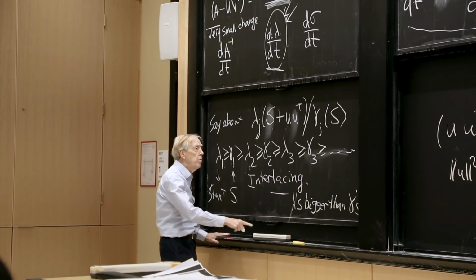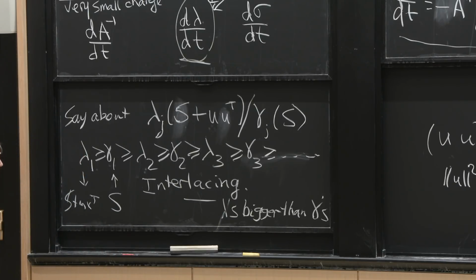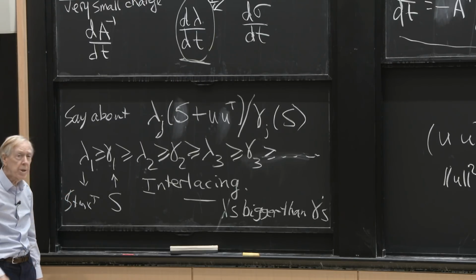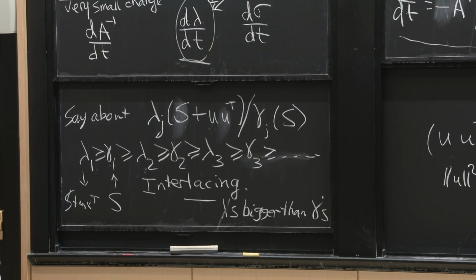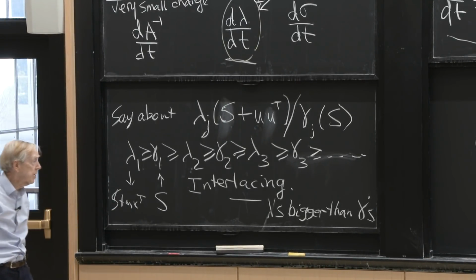And the new third eigenvalue doesn't pass up the old second eigenvalue. So that's the interlacing theorem that's associated with the names of famous math guys. And of course, you have to say that's beautiful.